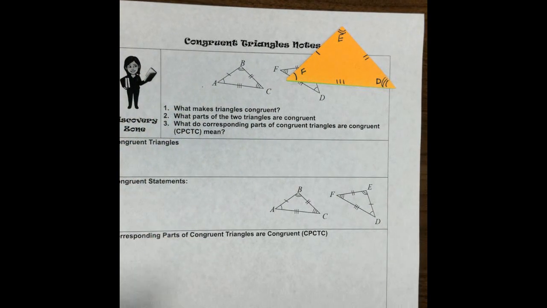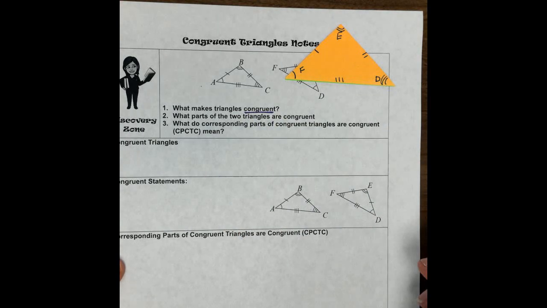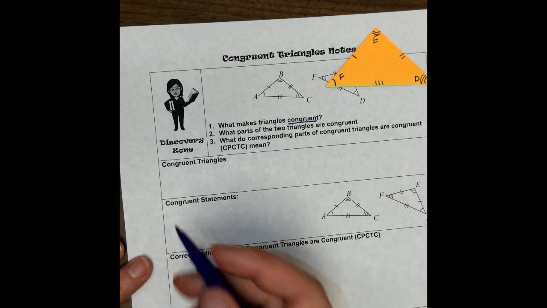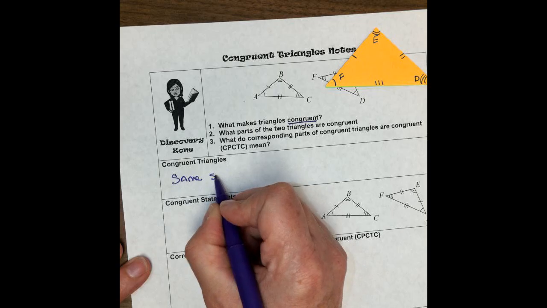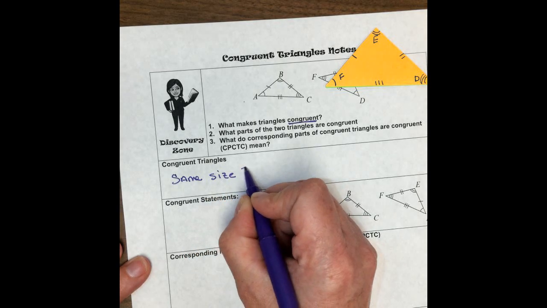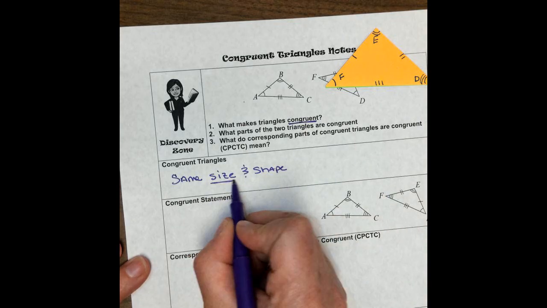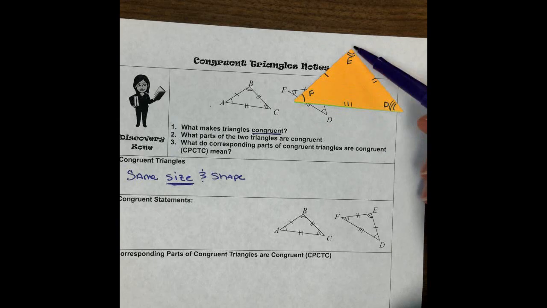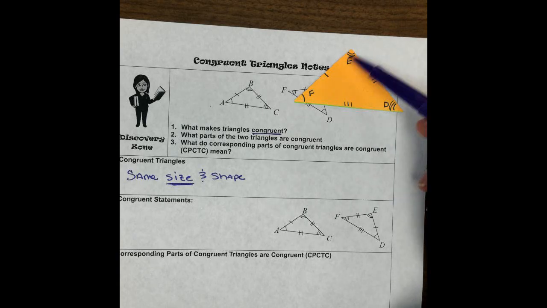But we know the definition of congruent. And congruent, yes, you guessed it, means the same size and shape. So same size means that all of the triangle segments, its legs of the triangle, are congruent. They have the same measurement, the same distance.